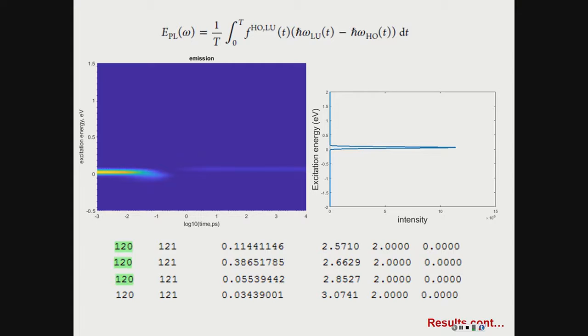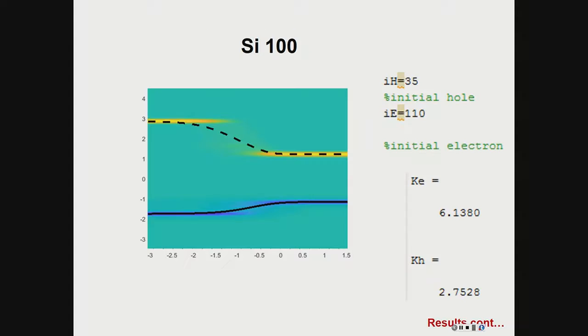I saw a number saying that initial LUMO is 110, something like that. Initial states. Initial electron states. So initial states, hole 35 I consider it an electron. And what is the LUMO?